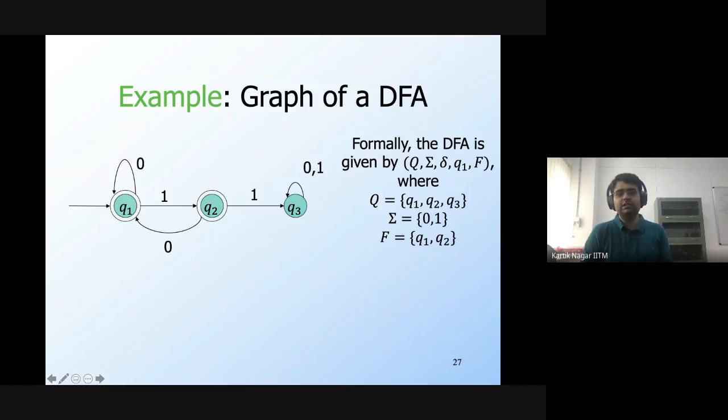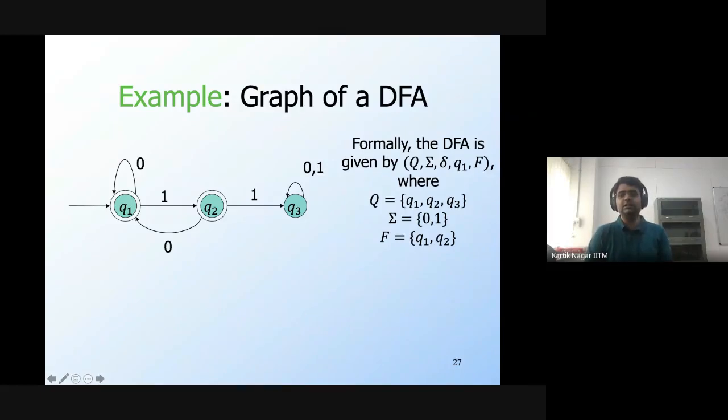Q1 is the start state, which we have specifically said in the tuple, because in the graph representation it has an incoming arrow without any source. The set of final states is given by Q1 and Q2 because these two states have double circles around them.